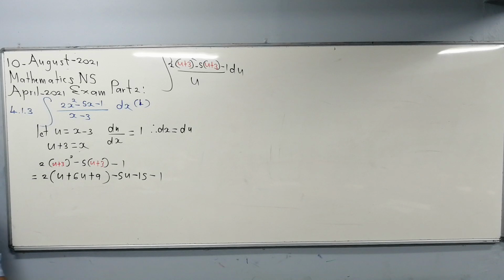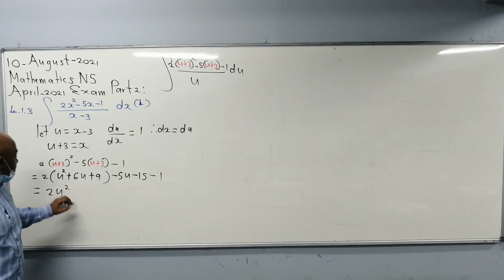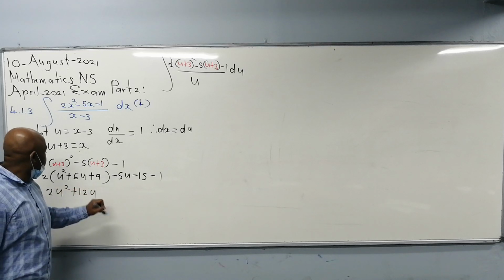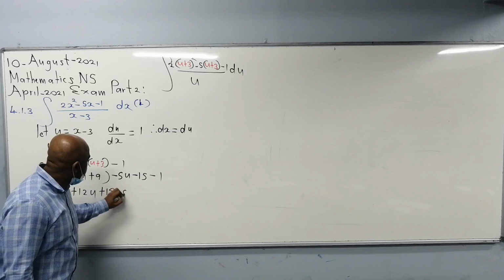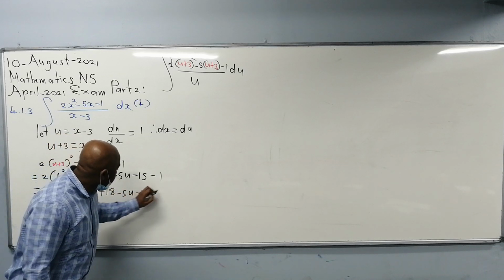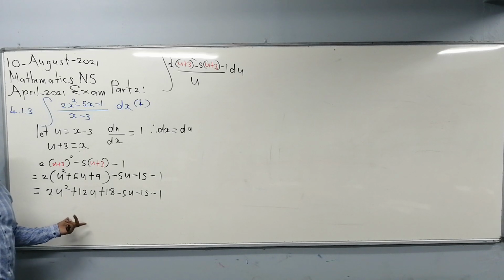You clear with that? Now, let's remove these brackets. So 2 times u squared is 2u squared, 2 times 6u is 12u, and 2 times 9 is 18, minus 5u, minus 15, minus 1. Nothing difficult, it just takes long to keep on squaring and removing brackets. What do we have now?